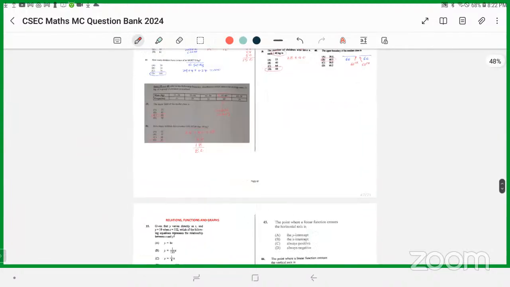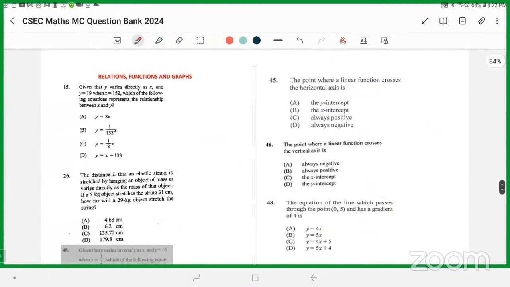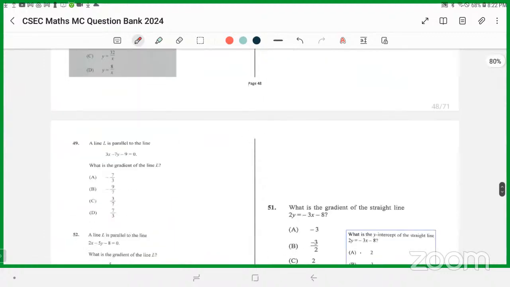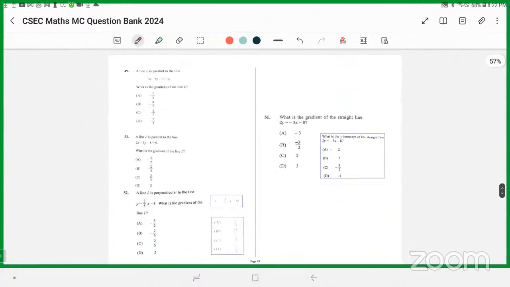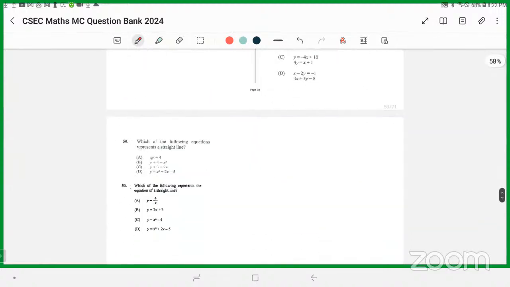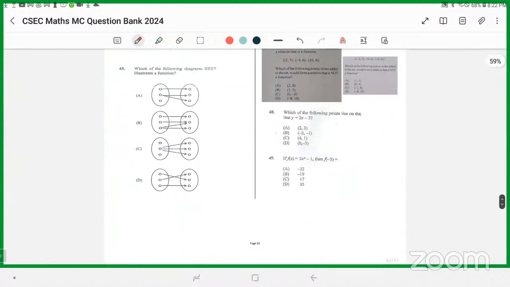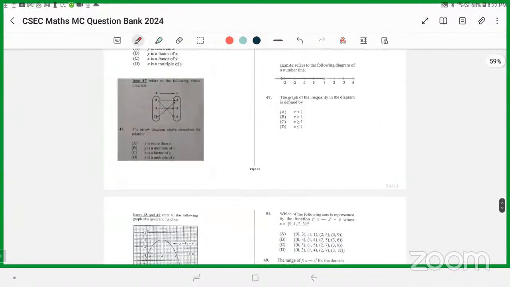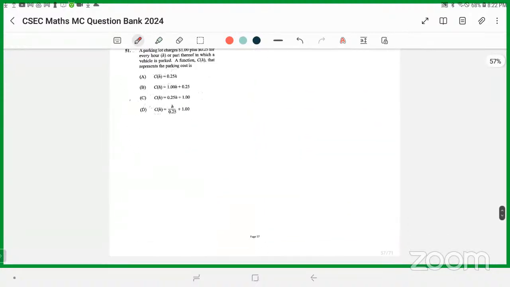All right, guys. So tomorrow we're going to have these topics: relations and functions and graphs. Let's look at how much work we have to do. All right, let's go through the pages. 1, 2, 3, 4, 5, 6, 7, 8, 9, 10.